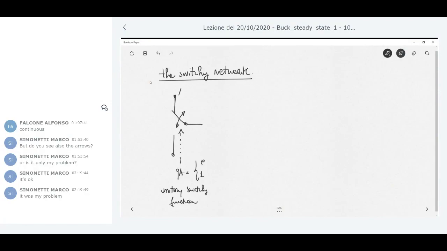This is my active node, this is the common node, and this is the passive node. Okay, the three nodes that I defined before. So when, for example, the logic signal QA is null, then it means that the node C is connected to P. When it is 1, the node C is connected to A, exactly as it is shown in the figure.